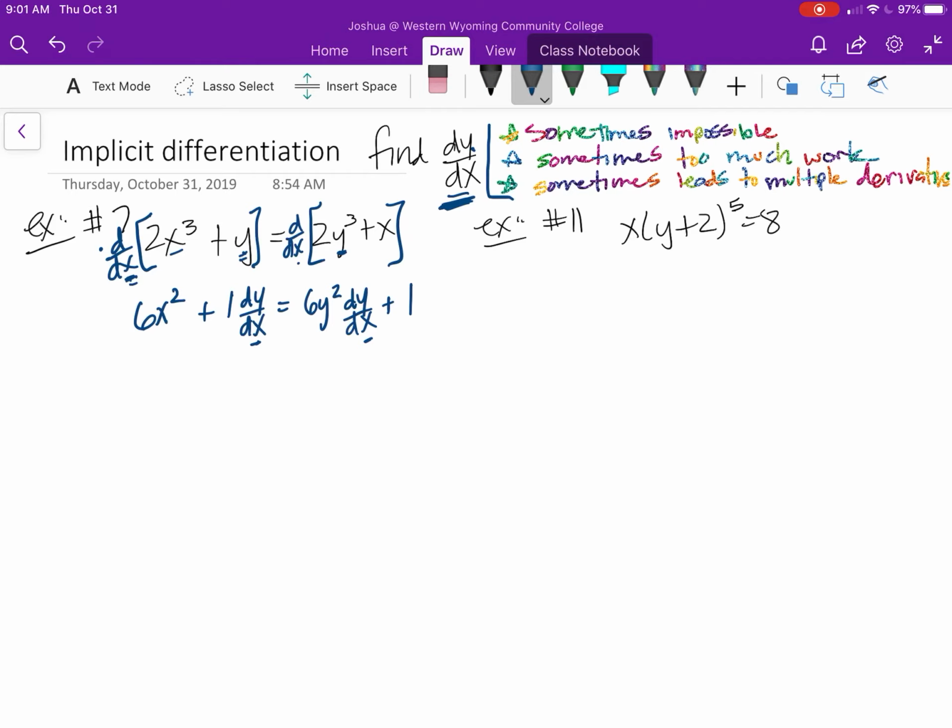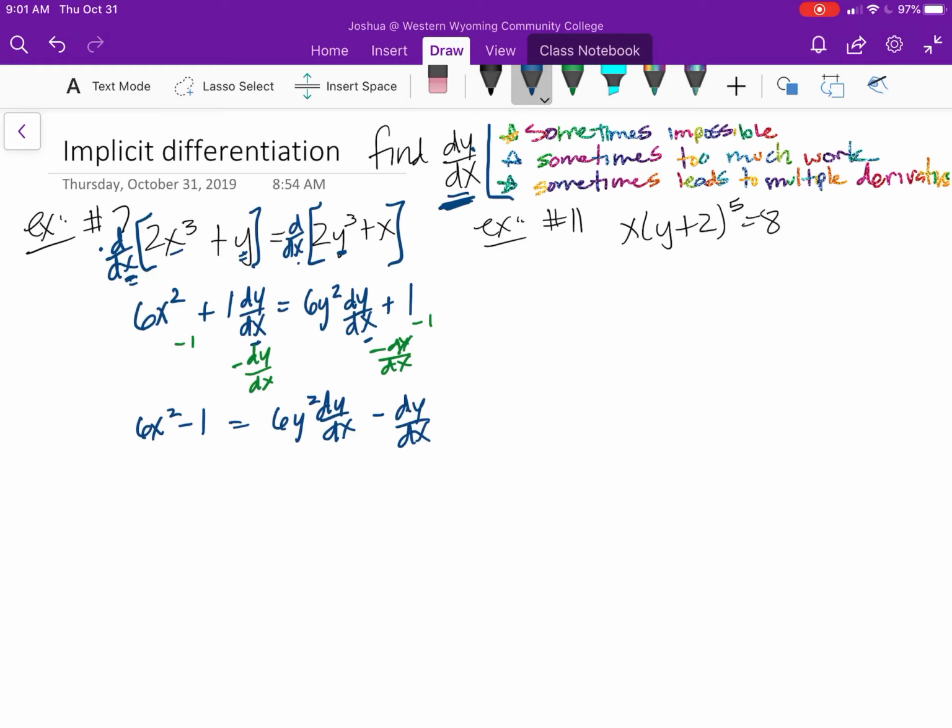So I'm going to go ahead and subtract this dy dx to the other side. And I'm going to subtract the 1. Okay, all in one step, I'd have 6x squared subtract 1, 6y squared dy dx, subtract 1 dy dx. Right?